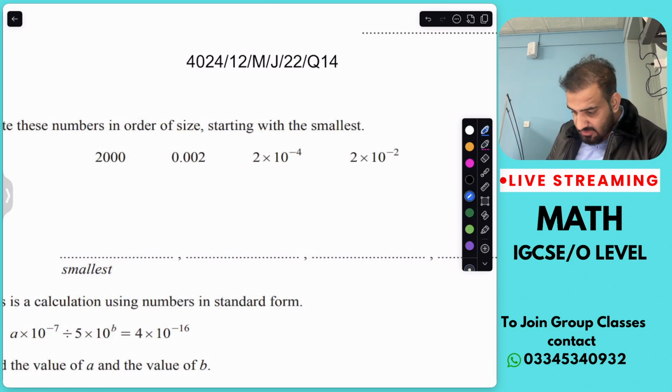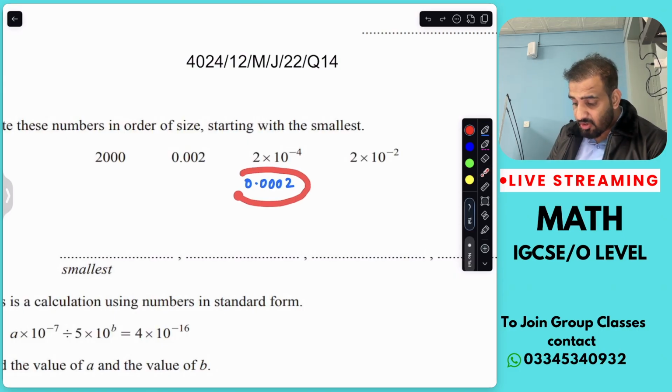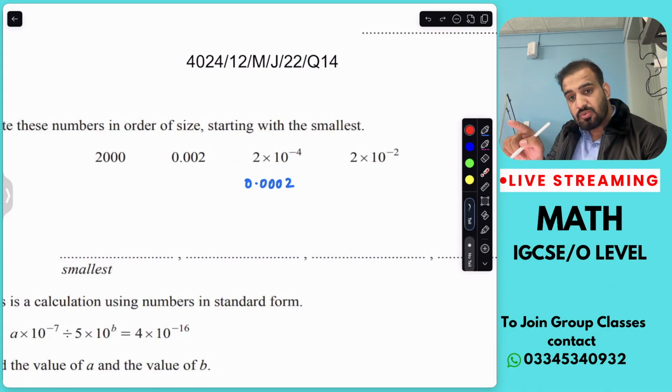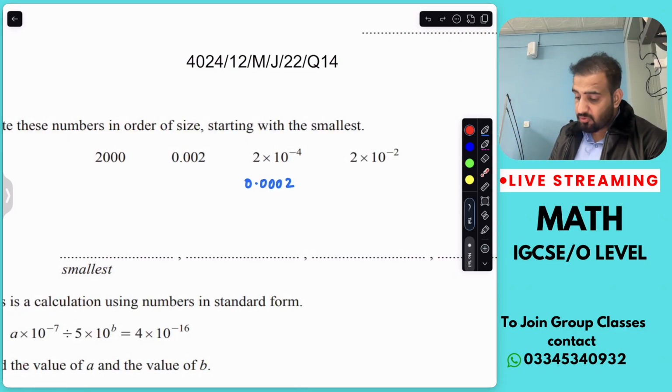Is it 0.0002? This is the ordinary number whose standard form is this. Agree or not? Yes, 1, 2, 3, 4. If you make the standard form of this, you will get that.